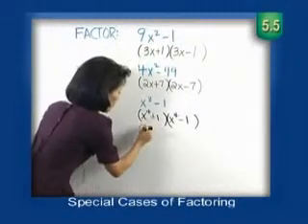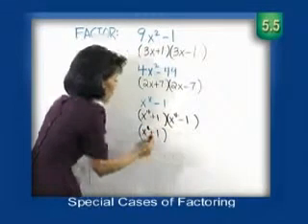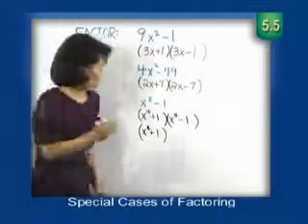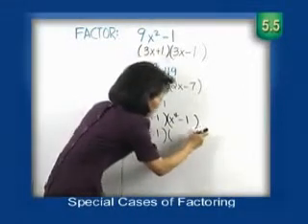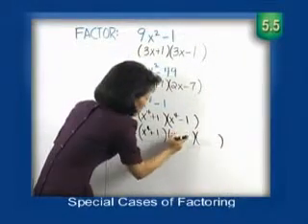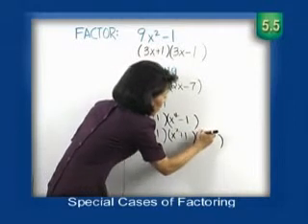So this first one remains as x to the fourth plus 1. And keep that in your mind because that is a common error. Many students would like to factor this one as well, but don't do it. All right, so here we go. And we factor this into x squared plus 1 and x squared minus 1.